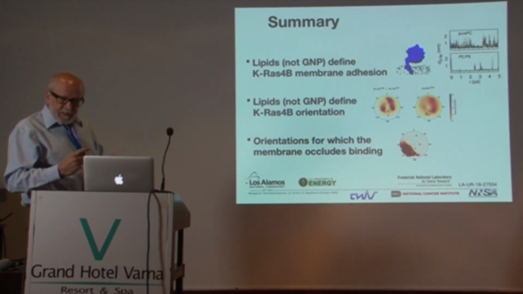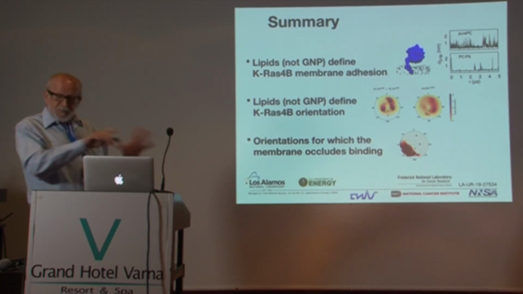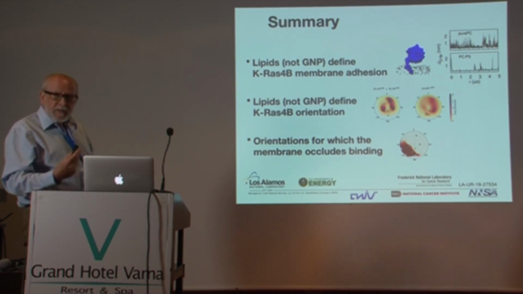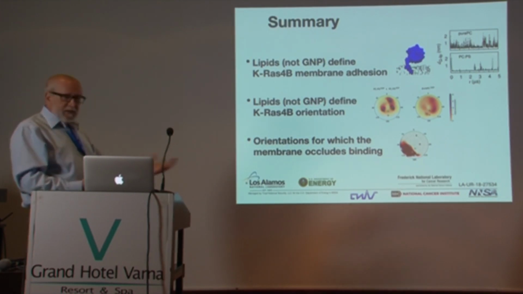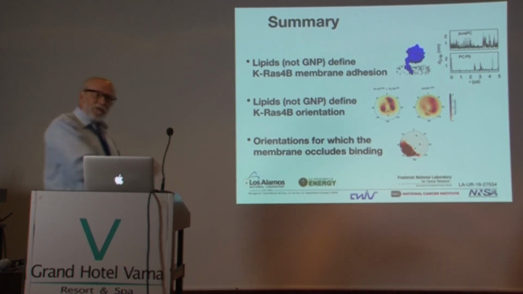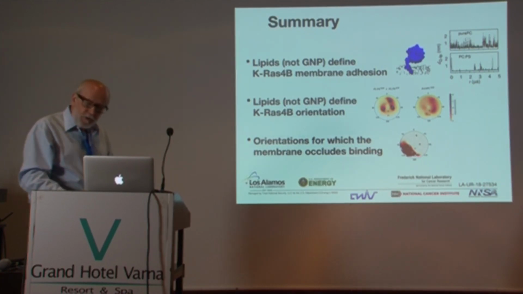And it also has definite basins for the three conformations in the case of PC, while it has much fuzzier and shallow basins for the other case. And then there are orientations that occlude the binding. So you can imagine that if you favor one conformation over another, you can actually drive the system to bind one of the effectors or not.